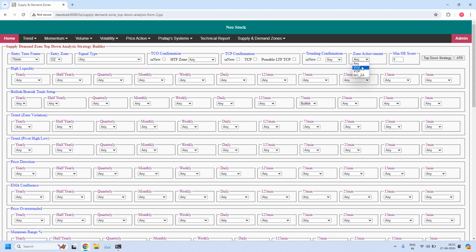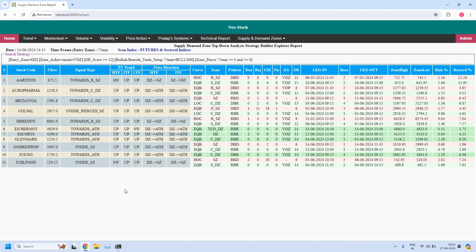Zone achievement should be VOZ, violated opposing zone, minimum odd enhancer score 12. With these filters I am generating the report. So 11 stocks are supporting bullish trade setup for weekly income trade.